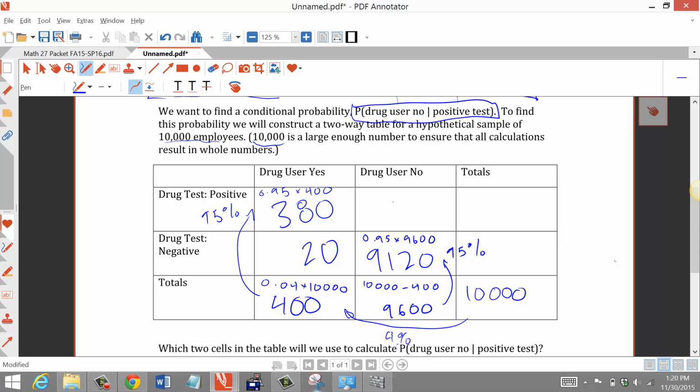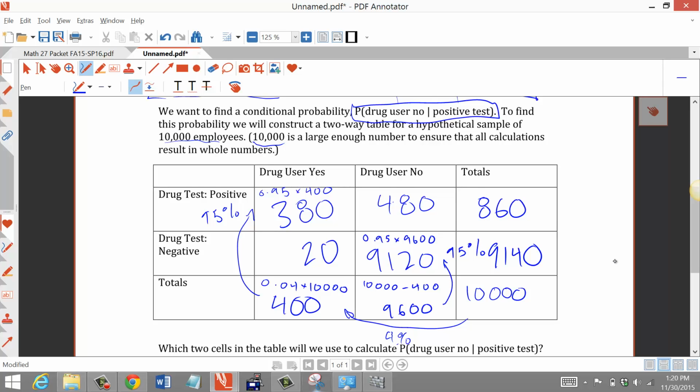And if we subtract that from 9,600, we get 480. Okay? So that leaves us with 860 total who tested positive. I just added these two numbers, and then 9,140 who tested negative.